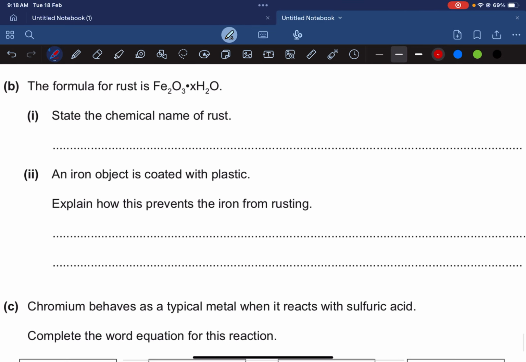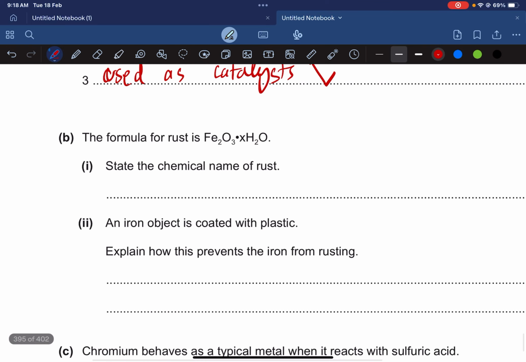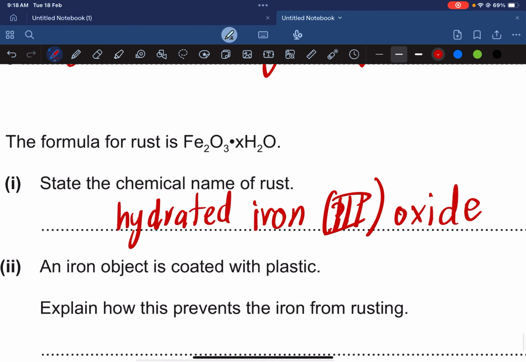Okay, the formula of rust is this. State the chemical name of rust. The chemical name for rust is hydrated iron 3 oxide. How do I know it's iron 3 oxide? Because this 3 over here tells me that there was a plus 3 in front of iron.